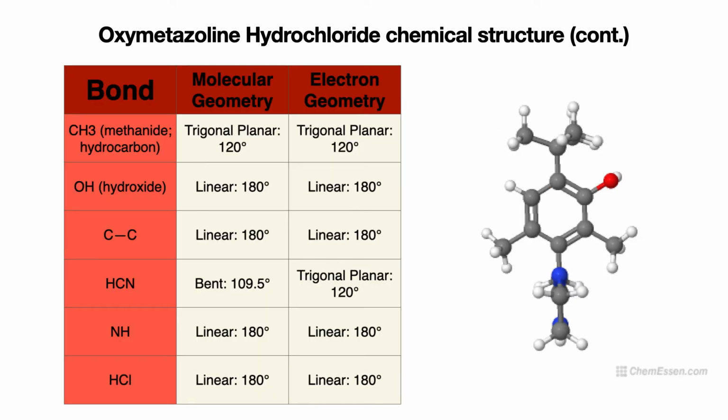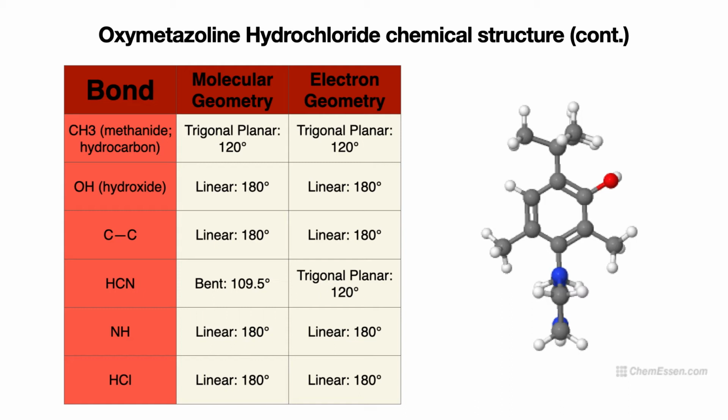Now, in terms of molecular geometry, electron geometry, and bonding, I have made a table here illustrating the bond angle, molecular and electron geometry. The CH3 hydrocarbon molecule has a molecular and electron geometry of trigonal planar with a bond angle of 120 degrees.